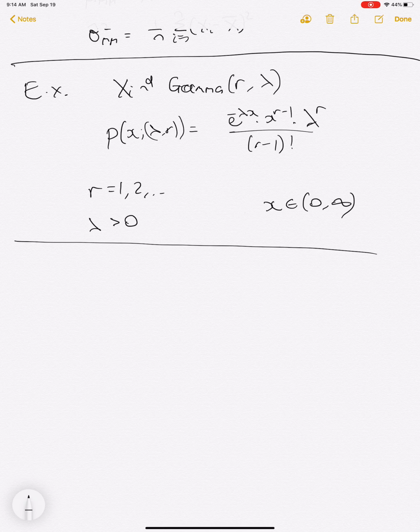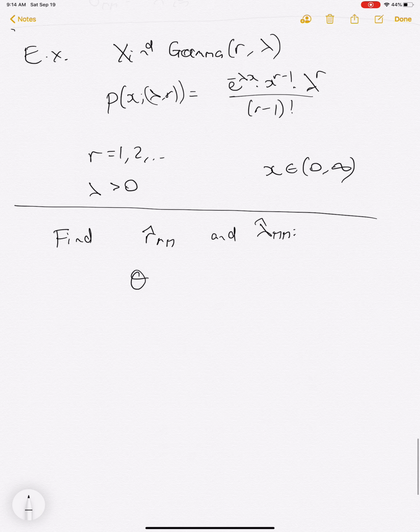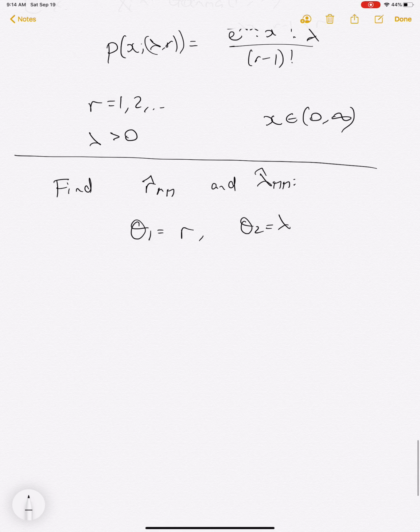Now we want to find r hat mm and lambda hat mm. Here our theta 1 is equal to r, and our theta 2 is equal to lambda. If it's easier for you, I'll do this by just using r and lambda.